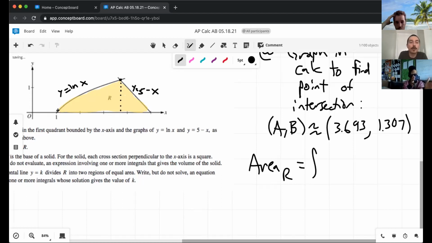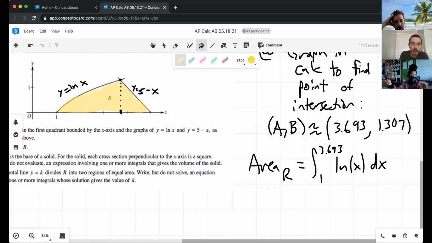So the integral from 1 to the x value of our point of intersection, which is about 3.693. And remember, we're taking the integral under this curve because we're in this part of the region R. So natural log x dx is what we want here. So far, this represents this part right here.